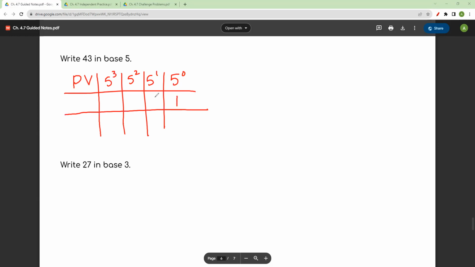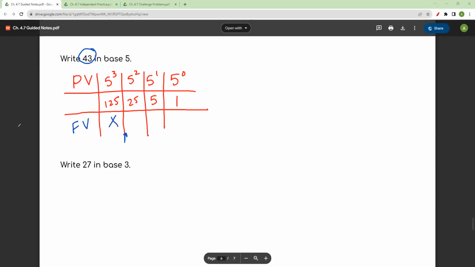This is going to be 1, 5, 25, 125. This is our face value. So we're representing 43 in base 5. So this would be too much. This is not enough. So it's right here in the middle. Okay, so that means we're not using this.